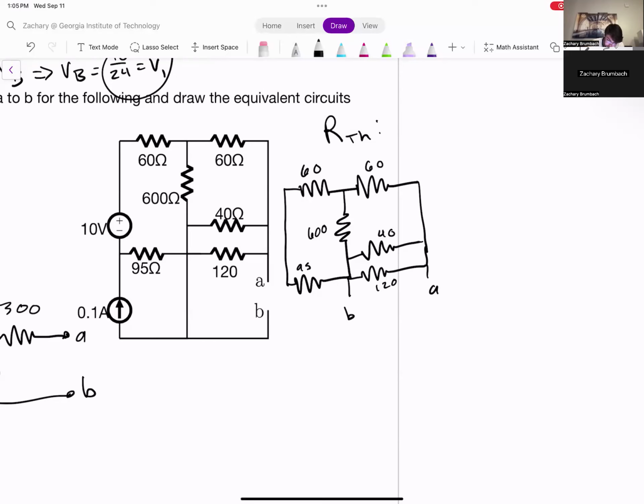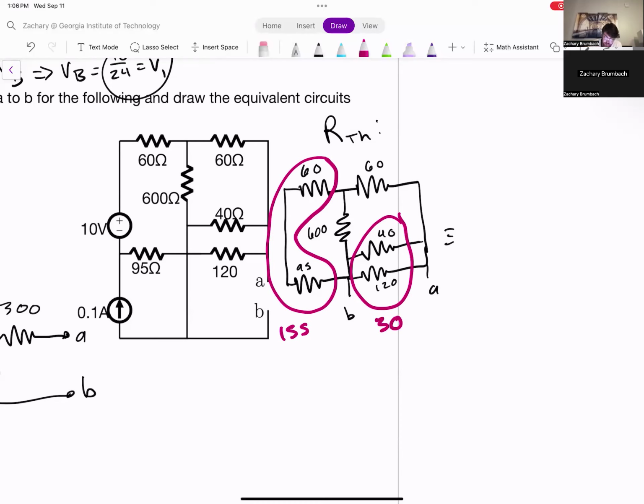So when we do this, take it one step at a time. These are in series. These are in parallel. These two in series are going to be 155 ohms. And this one over here is going to be 30 ohms, when you do your series and parallel resistor equivalents.